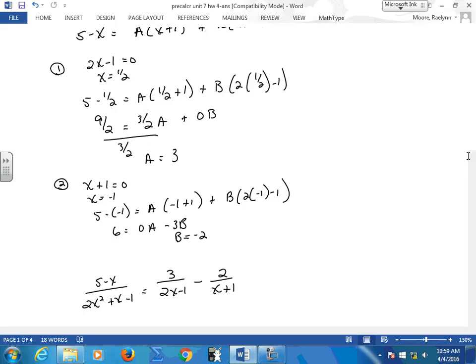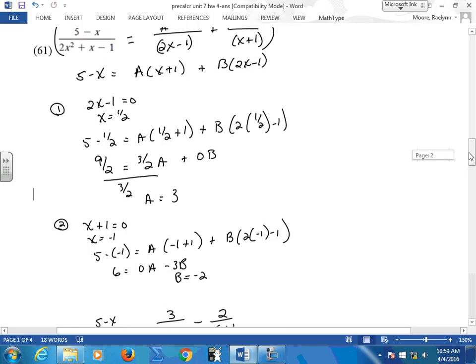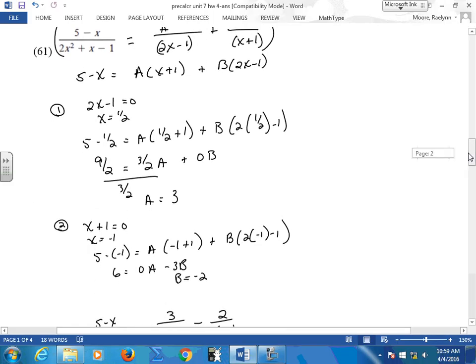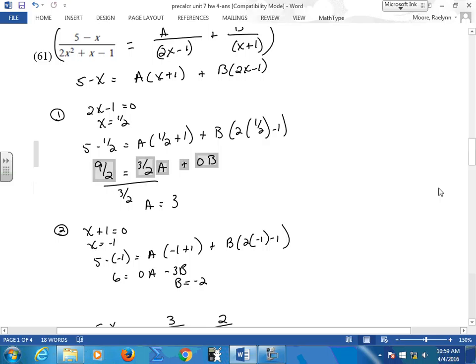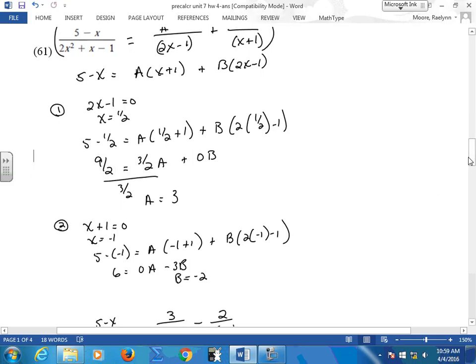What happens is sometimes we forget to plug it into the left side. We just went over it. I just went back to it again. You watch your factors.